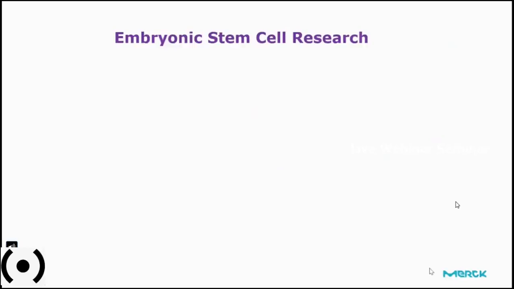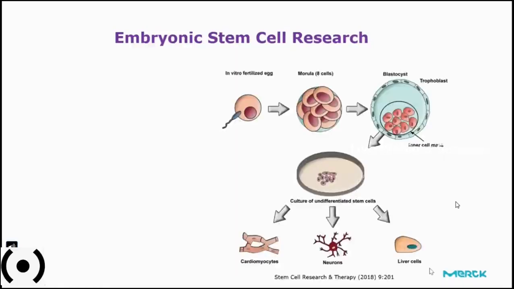Now coming to the embryonic stem cell research. You know that embryonic stem cells have the capability to develop the whole embryo, whole body, right? So once embryonic stem cells can develop the whole body, they can be used for development of different embryos. And that is a matter of big concern, because here we are using embryonic stem cells from the embryos.